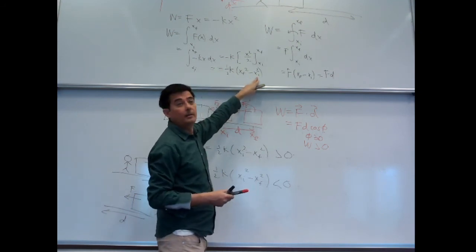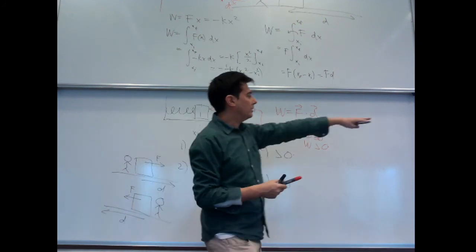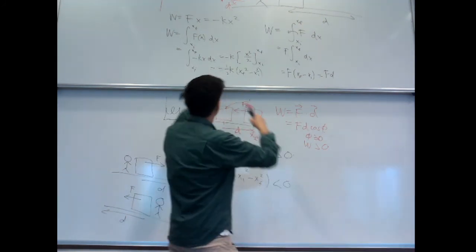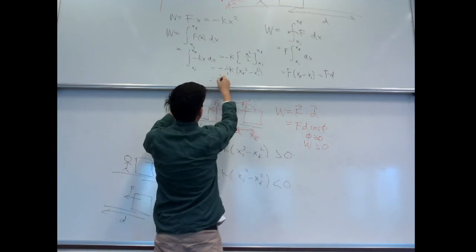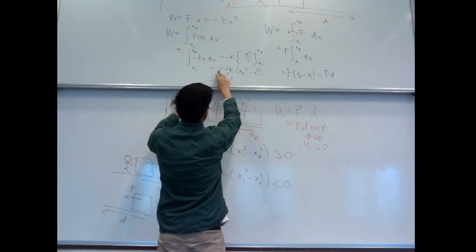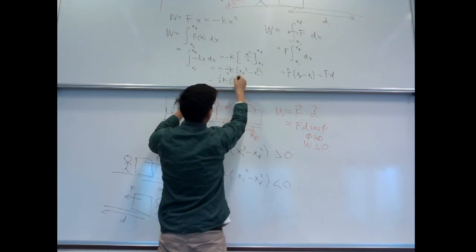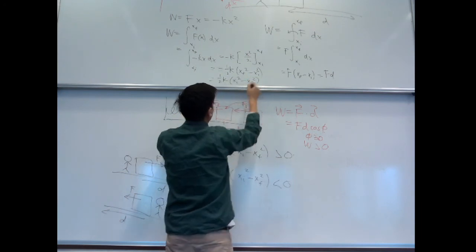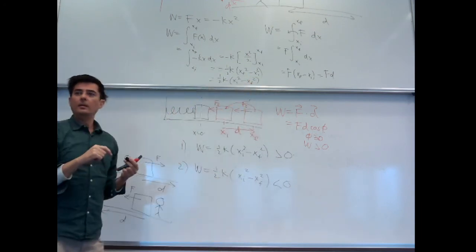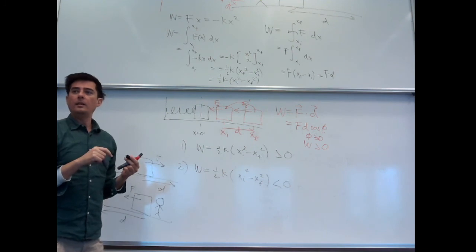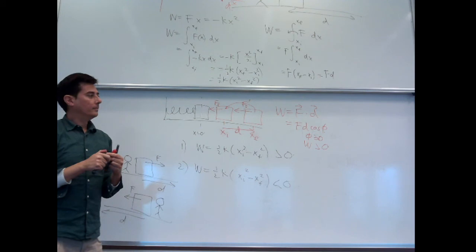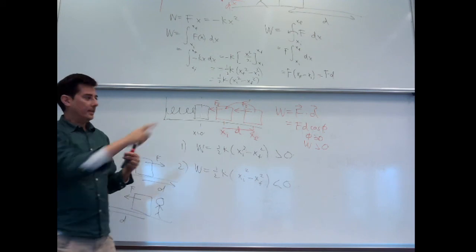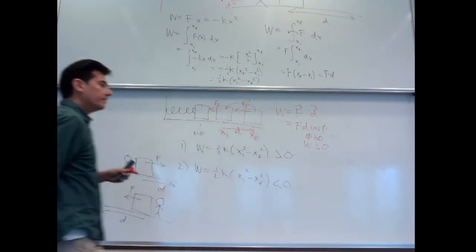So this one is xi minus xf. If you put that in there, it's the same as half k. Put that minus sign inside here, everything reverses. Both are the standard equations, right? So it's consistent.